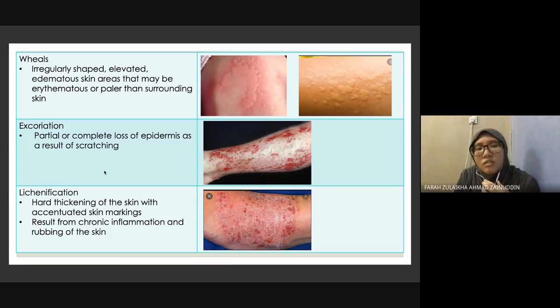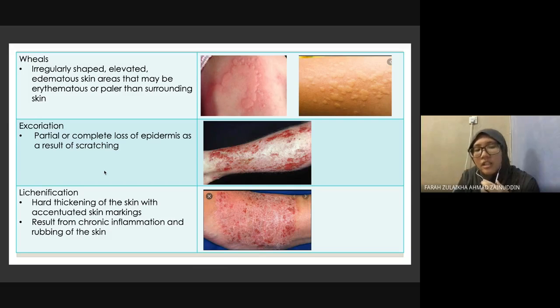Next is wheals. A wheal is an irregularly shaped, elevated edematous skin area that may be erythematous or paler than the surrounding skin, as you can see from the picture. Next is excoriation, which is due to scratching. It is partial or complete loss of the epidermis. Next is lichenification, which results from chronic inflammation, like you can see in patients with atopic dermatitis.